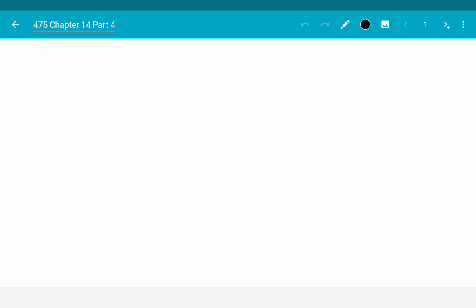Okay, so last time we saw how to figure out the number of different colorings of a rectangle with two colors, red and blue, right?